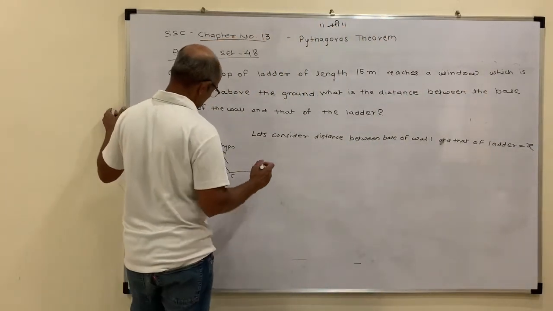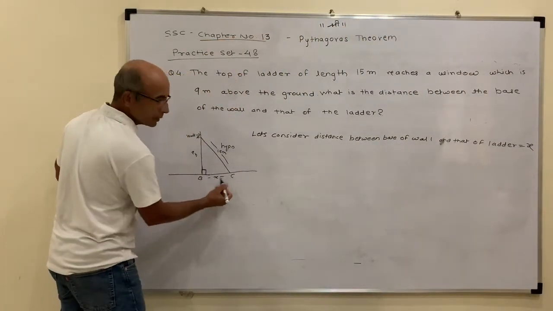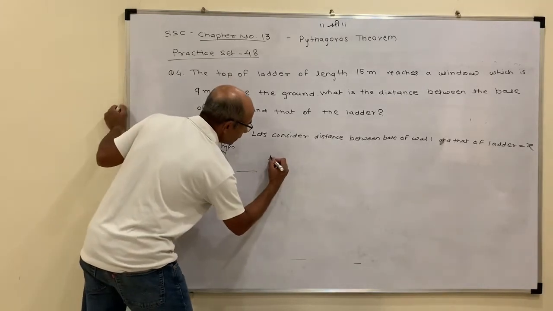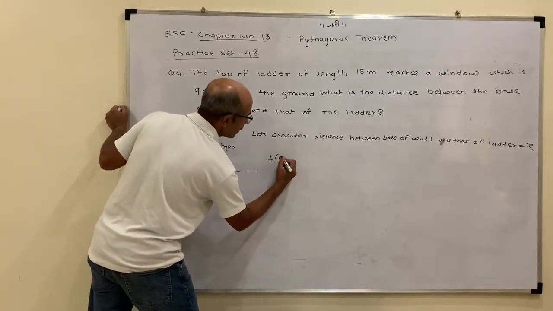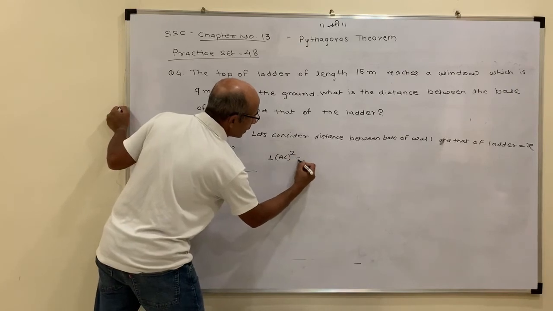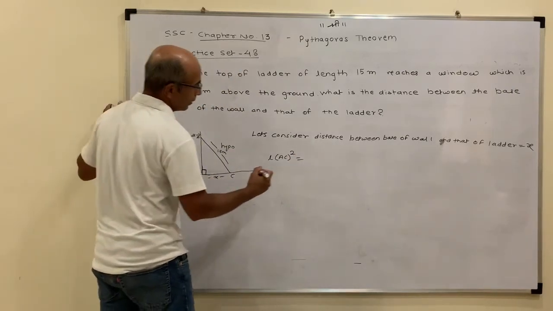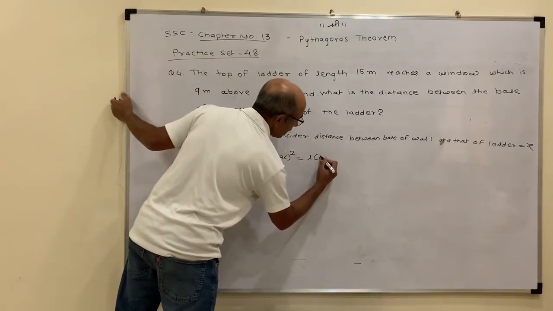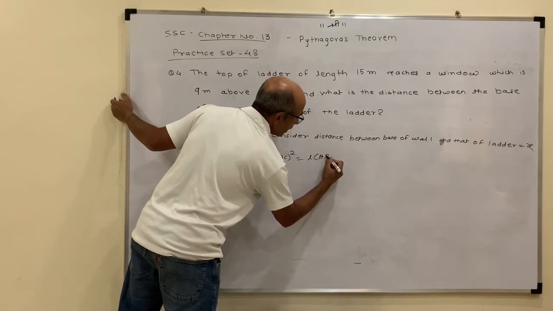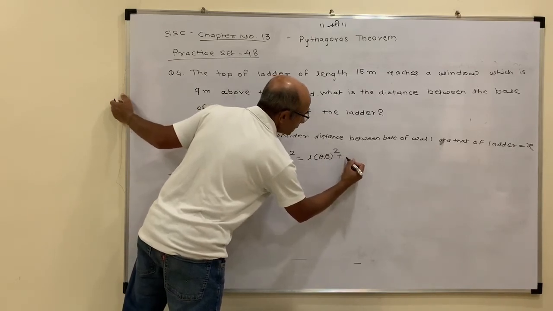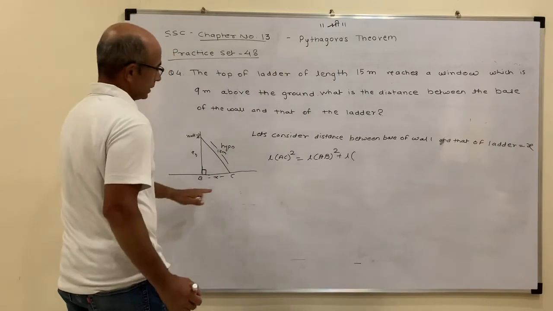So now this is my x distance. So length AC square equals to length AB square plus length BC square.